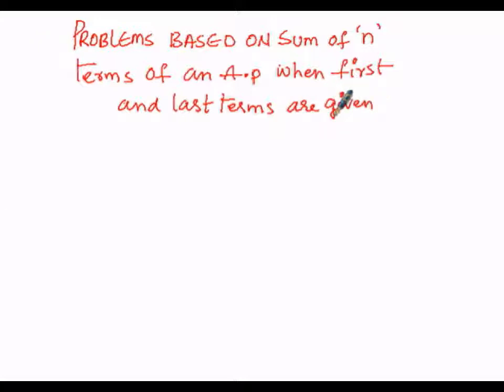So, the first term is denoted by A and the last term is denoted by L. So, the sum of n terms will be given by S_n = n/2 (A + L). So, we are going to perform a few problems based upon S_n at an advanced level.